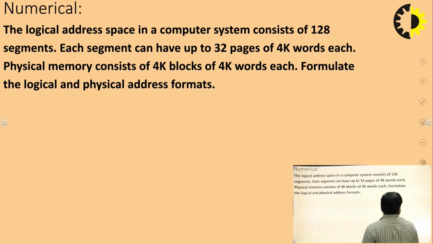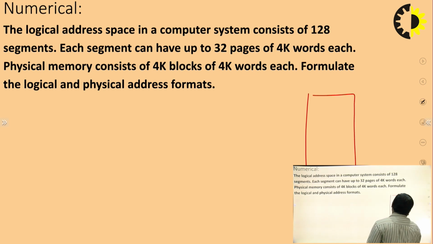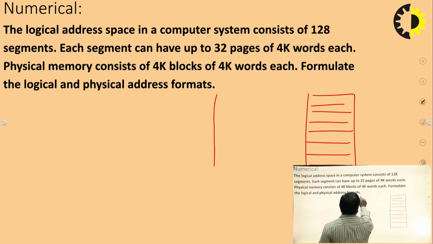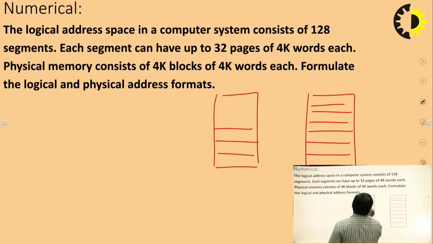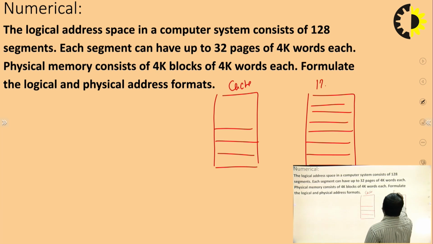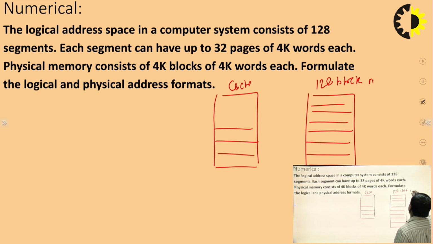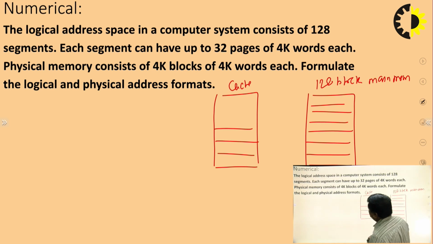128 number of blocks available in the main memory and 4 number of blocks available, 1 2 3 4, in the cache memory. It means these 128 blocks can be accumulated into the 4 blocks.